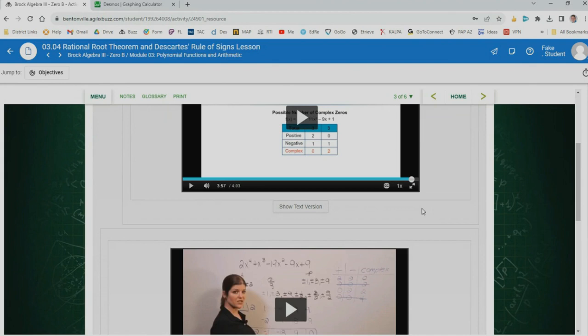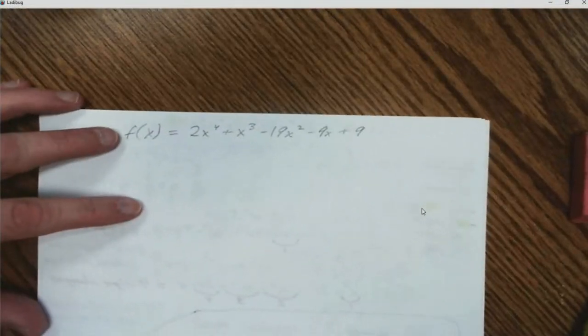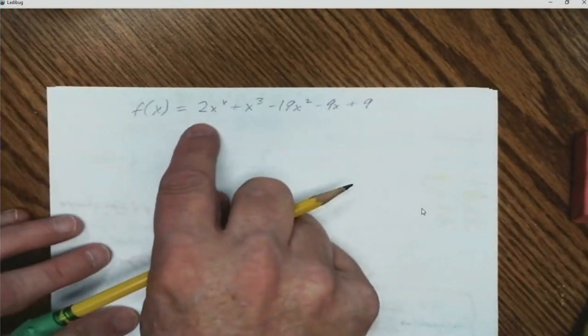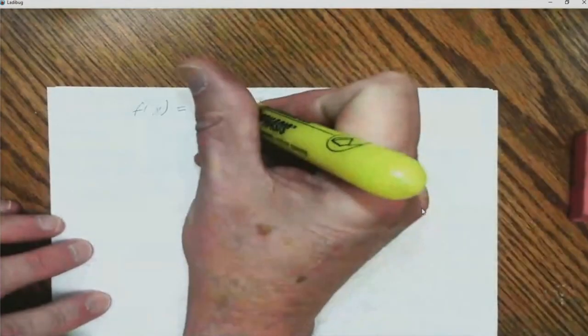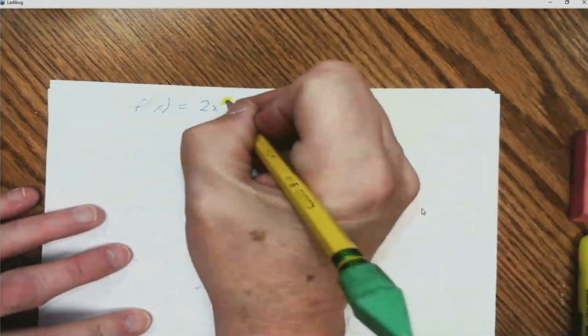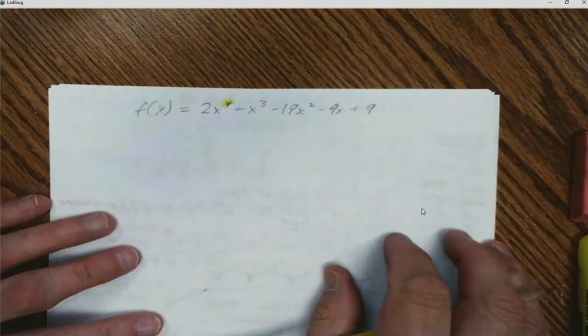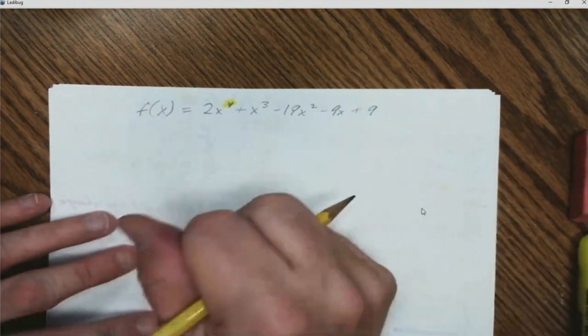All right, so the P's and Q's thing. Let's look at that again. All right, if we have this one, here's 2x to the fourth. So we know there's 4 solutions, right? We know there's 4 solutions because we've got that highest exponent of 4. But what are those possible solutions?